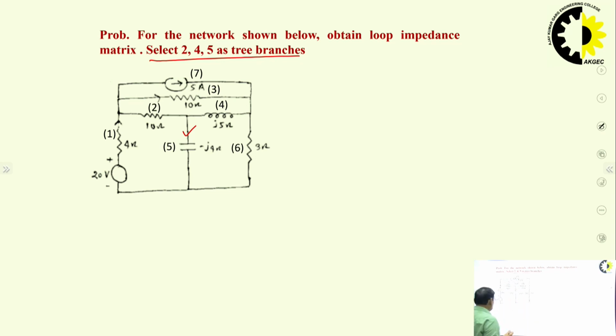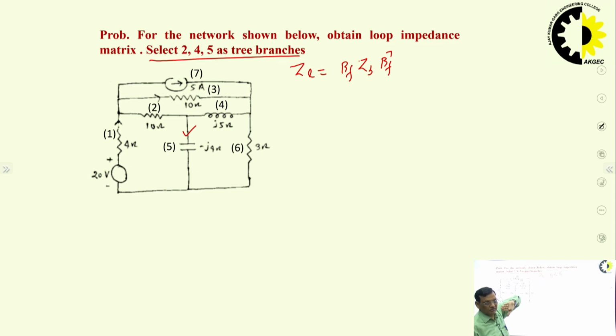First, you have to write the loop impedance matrix. Loop impedance matrix means you have to write ZL. Loop impedance is the tie set matrix, ZB, transpose. So, this is basically loop analysis.